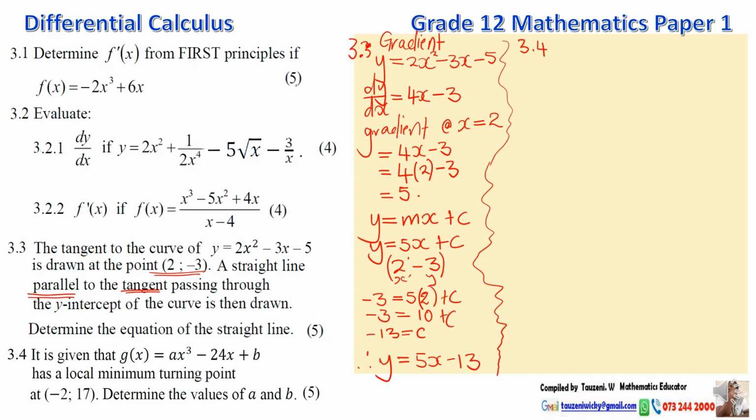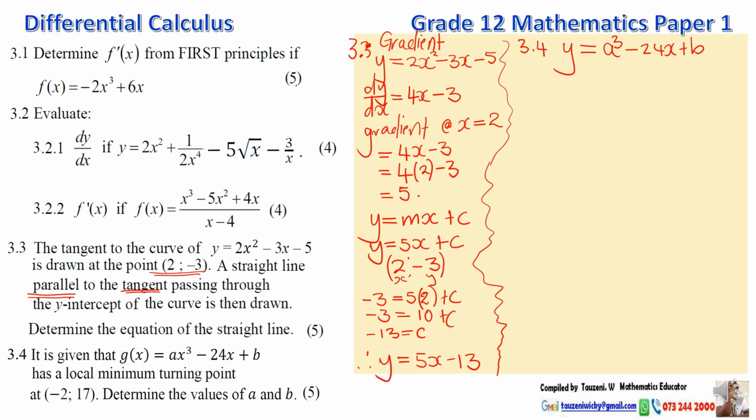When you approach this kind of question, number one, if you are given coordinates on a graph, those coordinates satisfy the equation of the function you are given. So y is equal to ax cubed minus 24x plus b.